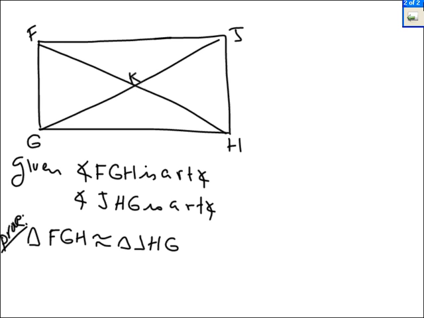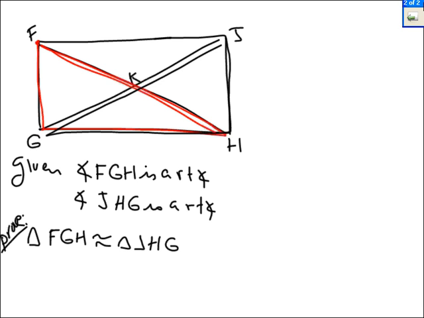Okay. So first thing I would want to do with the student is say, oh my, which are these triangles? FGH. Draw the third side. That's one triangle. And the other triangle, JHG. That's the second triangle. I kind of blew that one. I didn't do it in green.